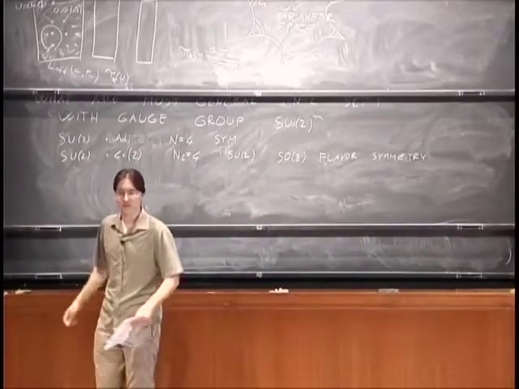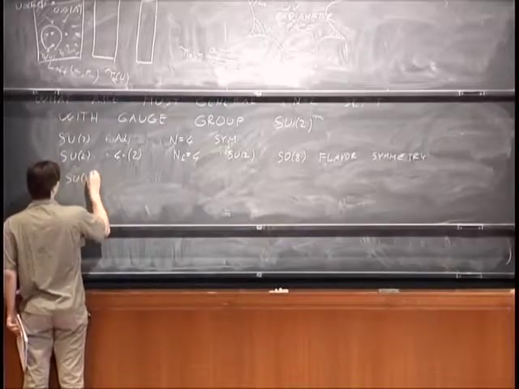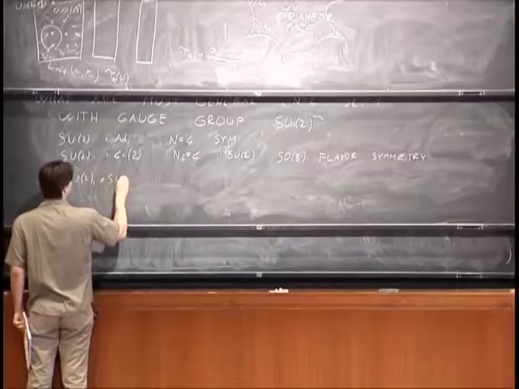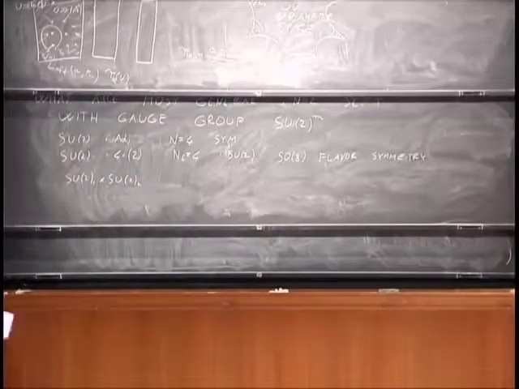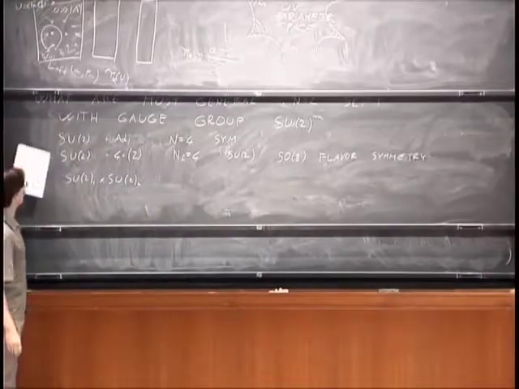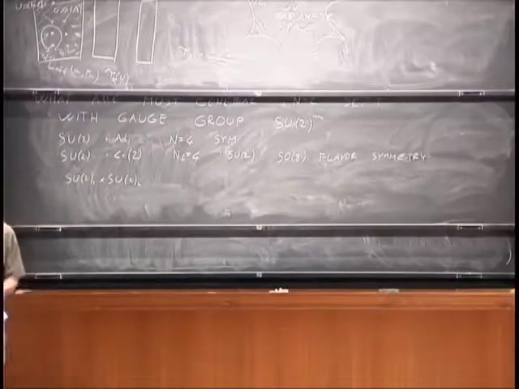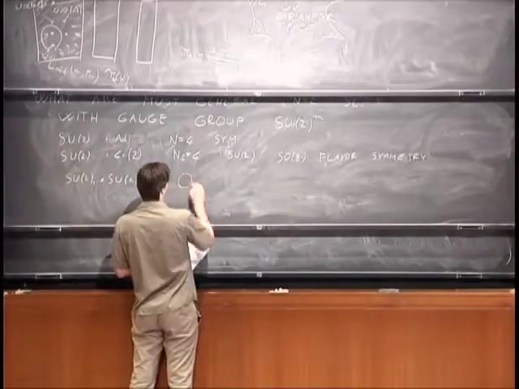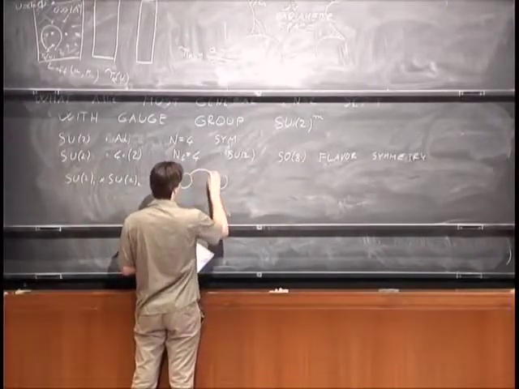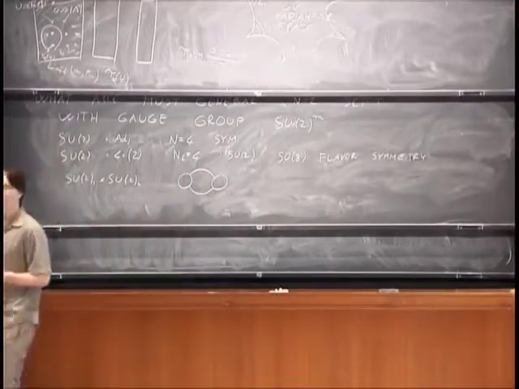So let's move to 2 gauge groups. Of course, there is a trivial possibility of just having 2 copies of these theories completely decoupled, but let's ignore that. The next thing you can do is to have 2 bifundamentals between the 2 gauge groups.